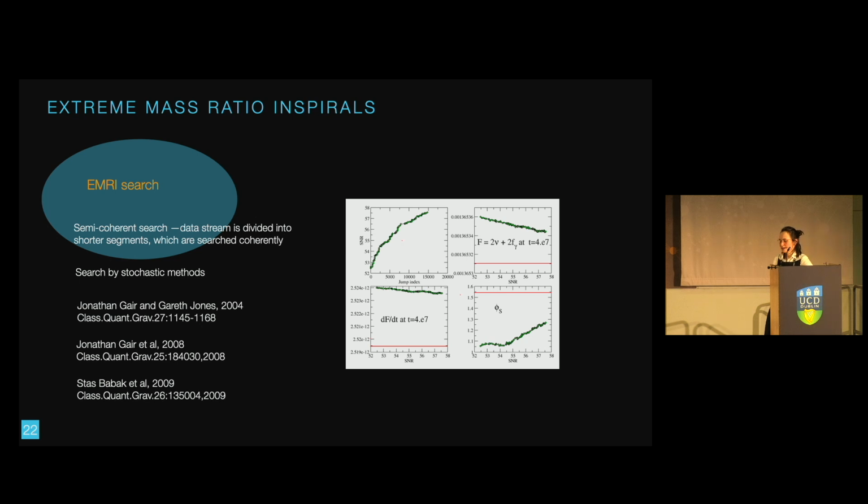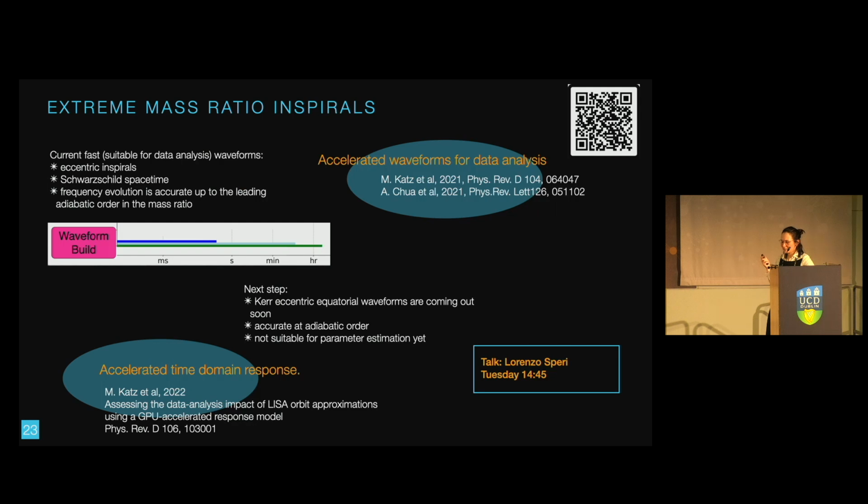They came up with a semi-coherent search and some stochastic methods. But you can see here that this is the correct solution, and they were walking towards the correct solution. But at the time, the evaluation of the waveforms took a lot of time, and it was really hard. So now, hopefully, we're in a much better state.